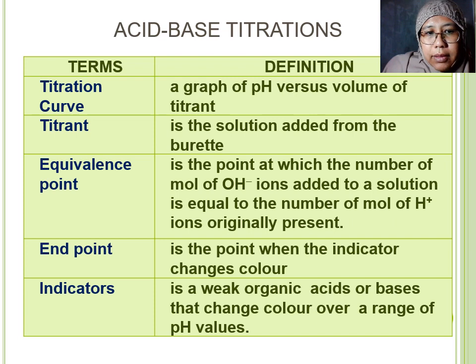And the endpoint is the point where the indicator changes color. So it's not necessarily pH 7, neutral. What are indicators? It's a weak organic acid that is used to see the change in color over a range of pH values.